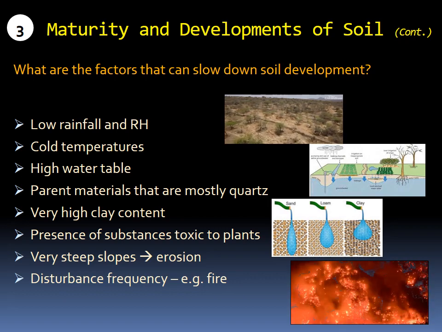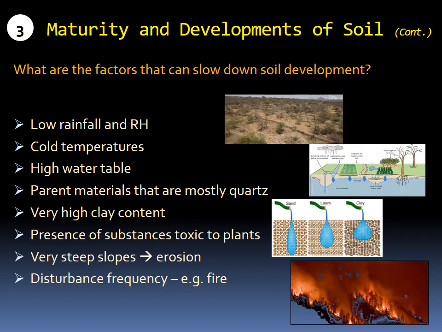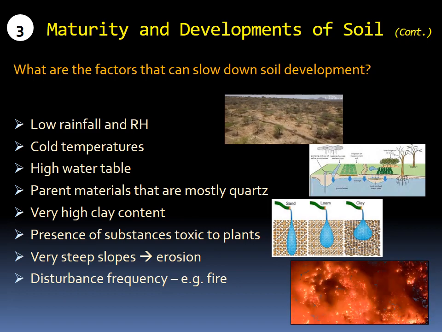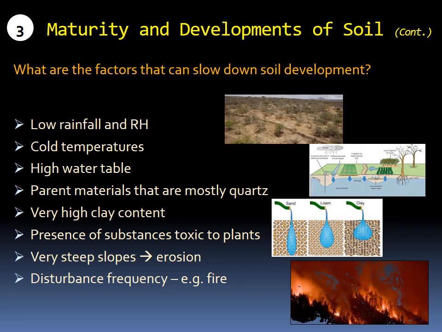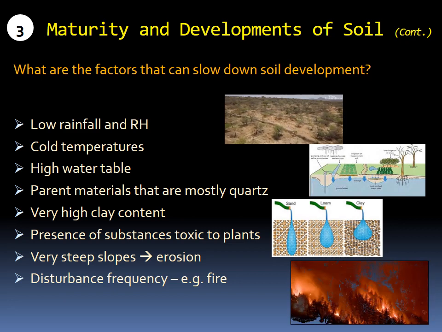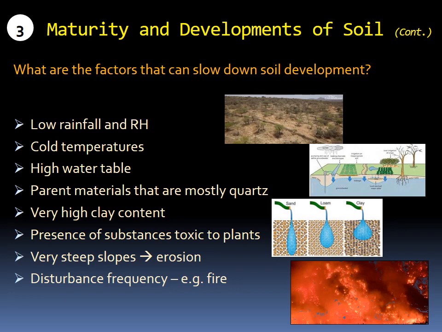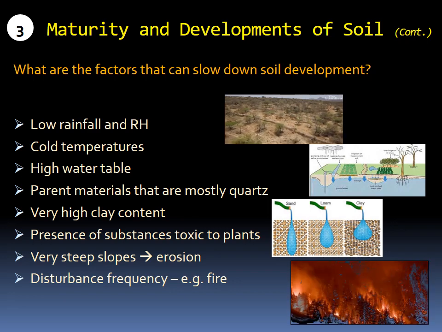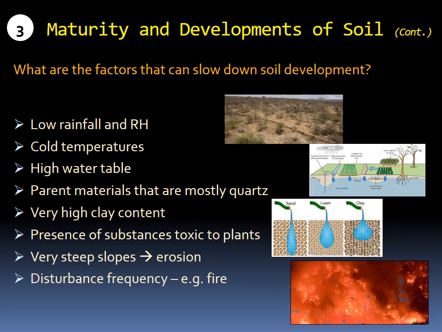It would affect the water movement, it would affect the macro and microorganisms that live in the soil, and it will affect so many properties that would lead at the end of the day to slow down the development of that particular soil profile.